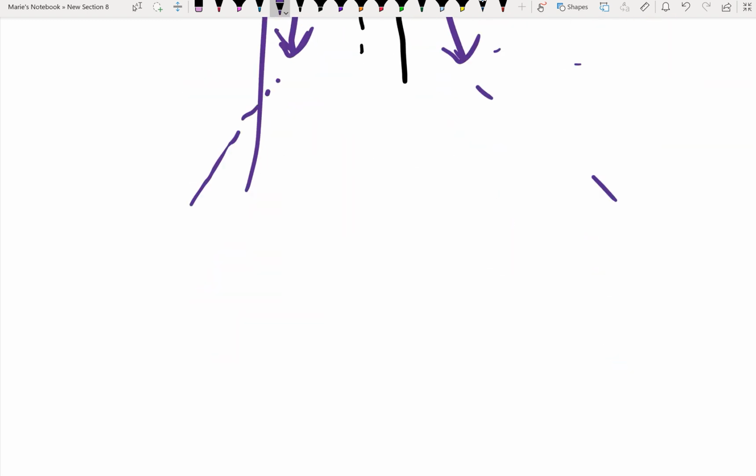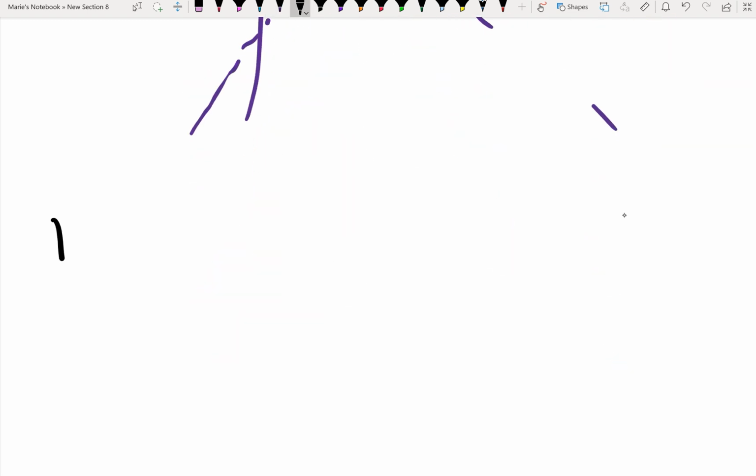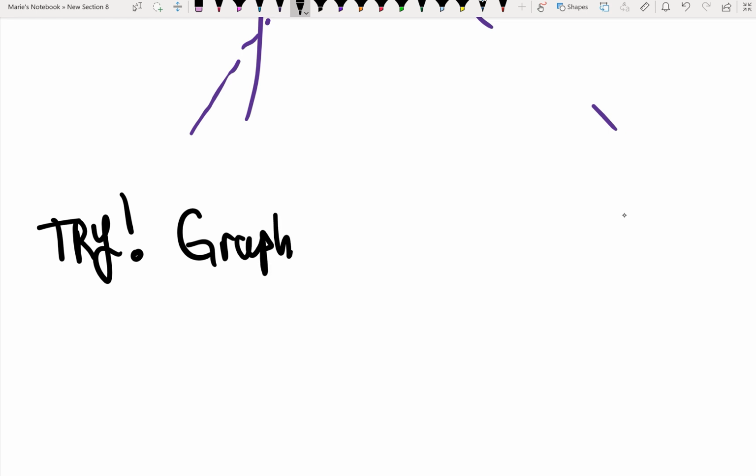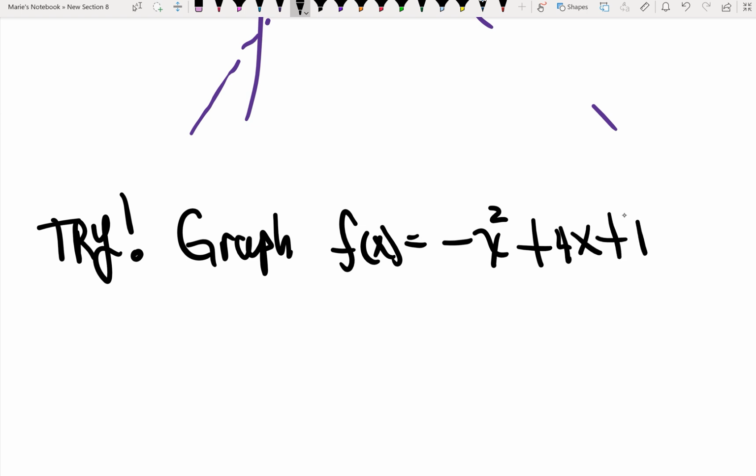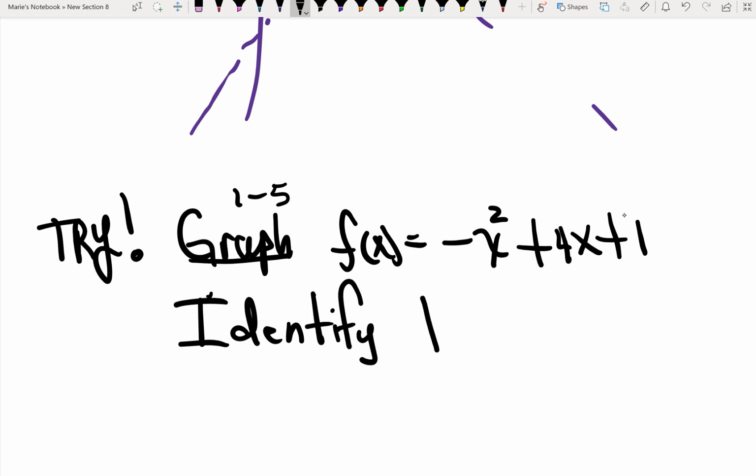so if you want to try one, I'm going to give you a few minutes, pause the video, try this. In this case we're going to graph f of x is equal to negative x squared plus 4x plus 1, and then identify, and when I say graph, I mean use steps 1 to 5, which once you graph, identify the domain and range of the function.